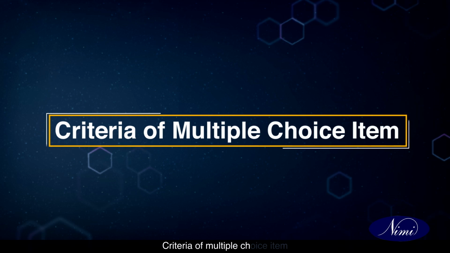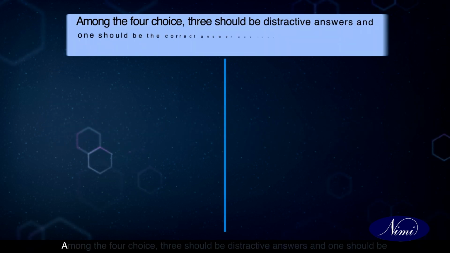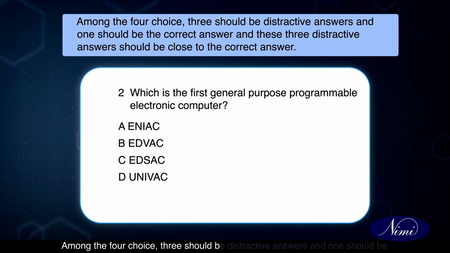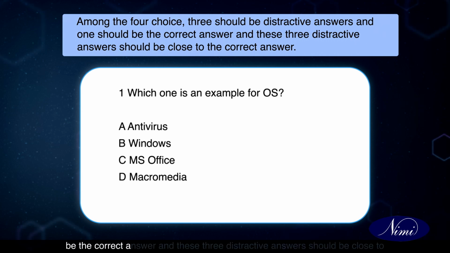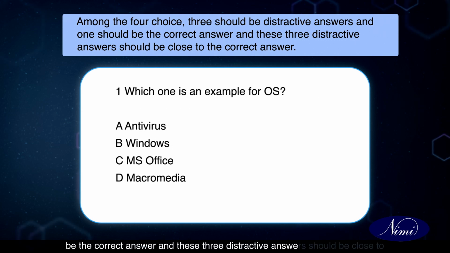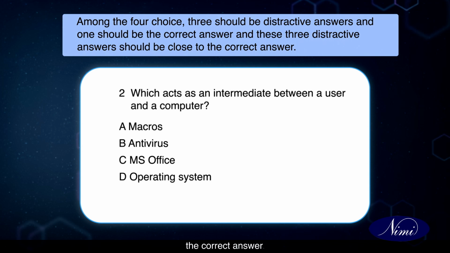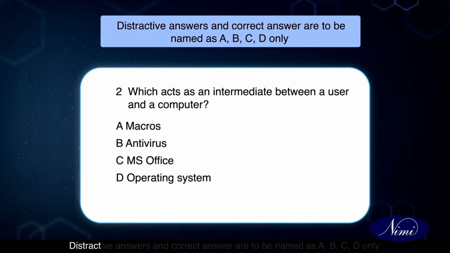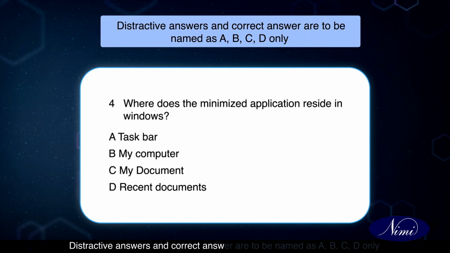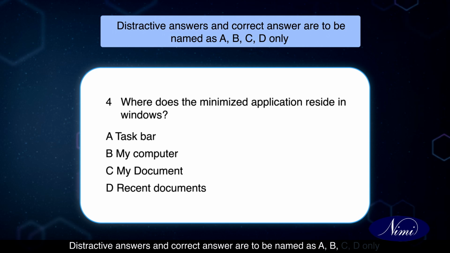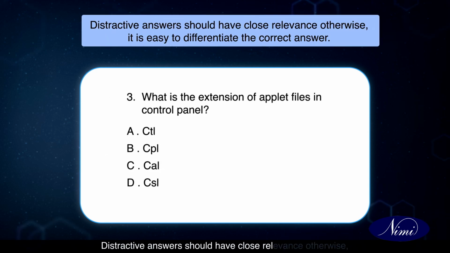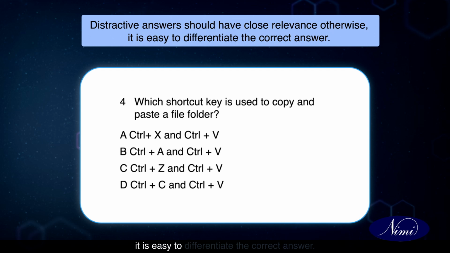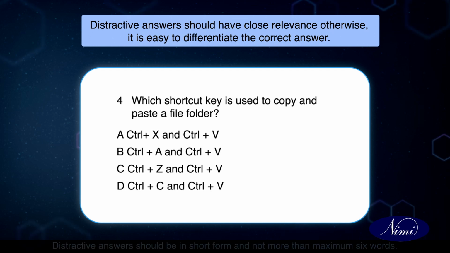Criteria of multiple choice item. Among the 4 choices, 3 should be distractive answers and 1 should be the correct answer, and these 3 distractive answers should be close to the correct answer. Distractive answers and the correct answer are to be named A, B, C, D only. Distractive answers should have close relevance, otherwise it is easy to differentiate the correct answer.